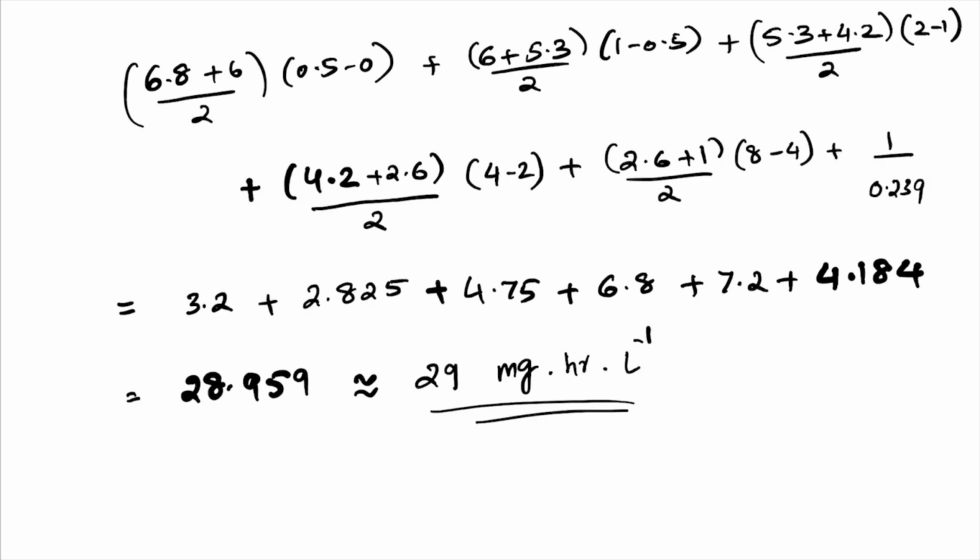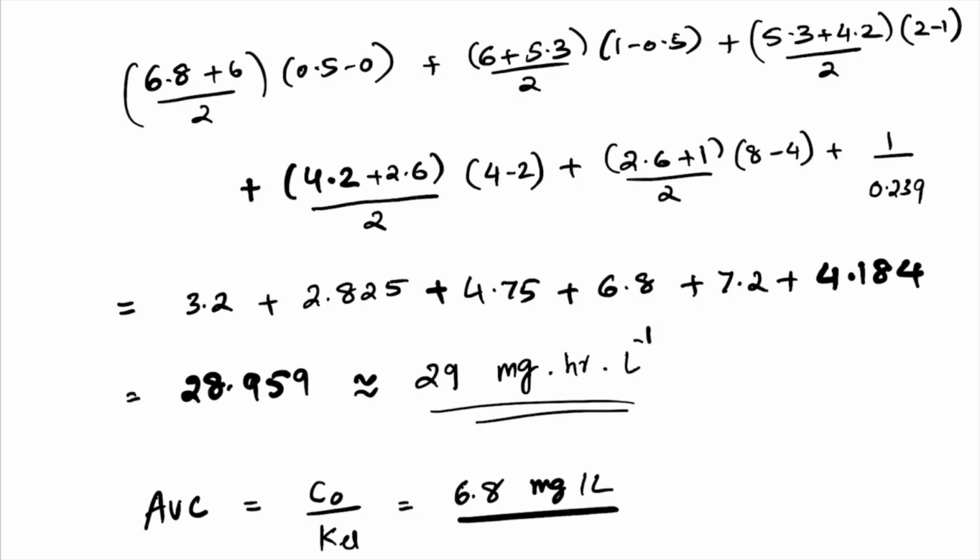Now the next part is to calculate the AUC using the equation C0 divided by KEL. We calculated C0 as 6.8 milligrams per liter, and the KEL is 0.239 per hour.